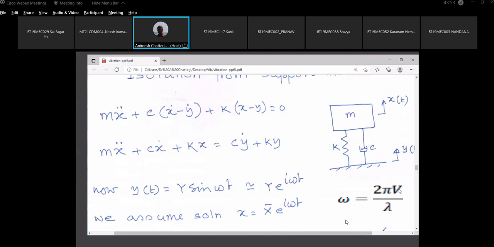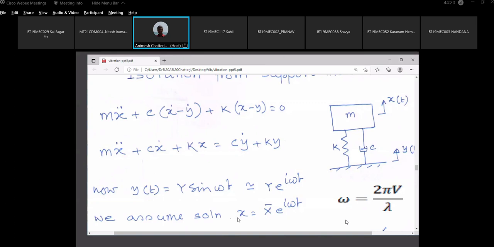Velocity is the moving velocity of the vehicle. So 2 pi velocity by lambda is omega, and that omega comes here. This is a real quantity, but again we apply the complex mathematics. So we take it as a complex number.